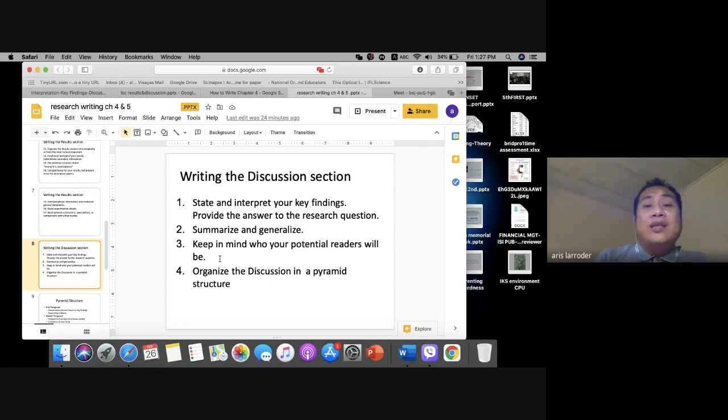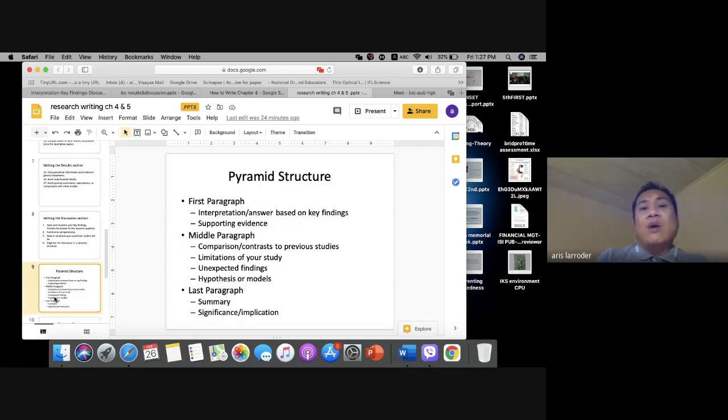And then you organize the discussion in a pyramid structure. The pyramid structure can be from the most essential to the least essential information, or it could be from the enumeration of the research objectives to answer the research aim. So that is the detail of the so-called pyramid structure.